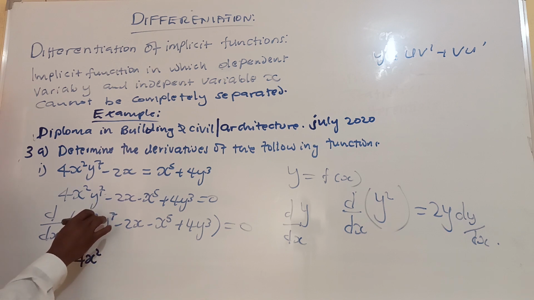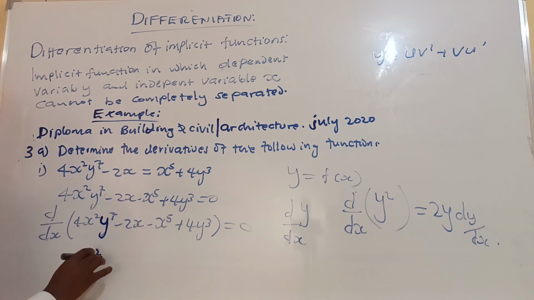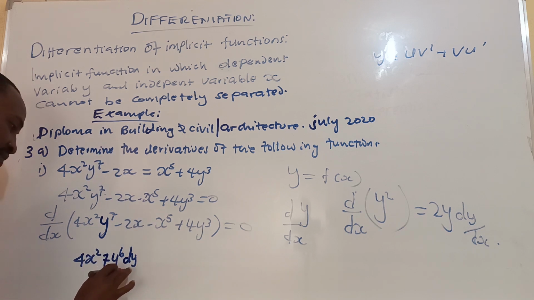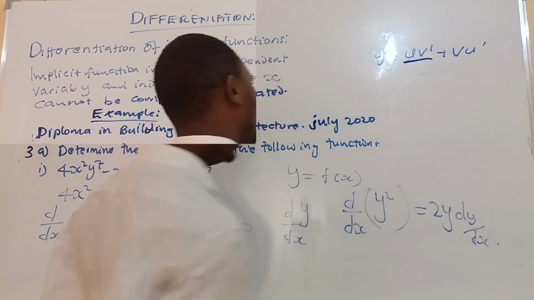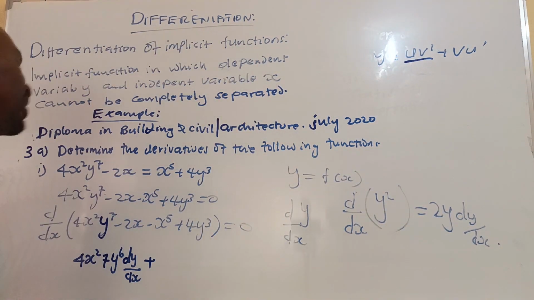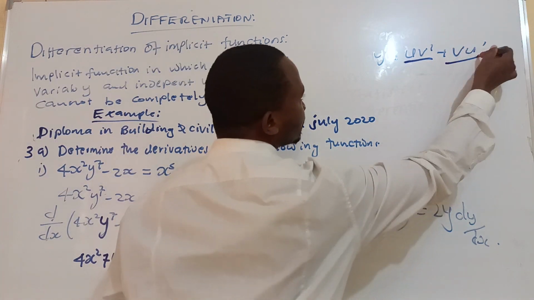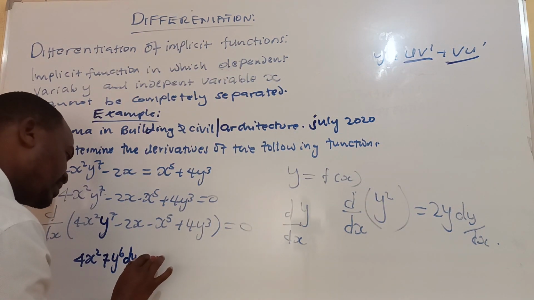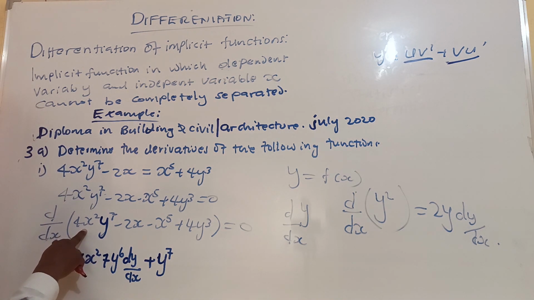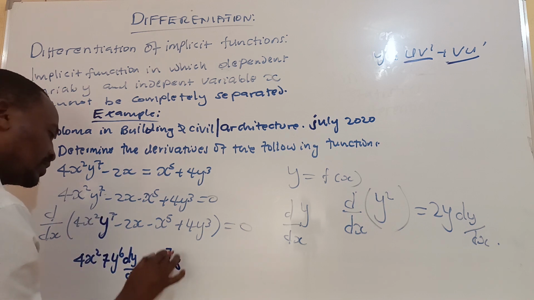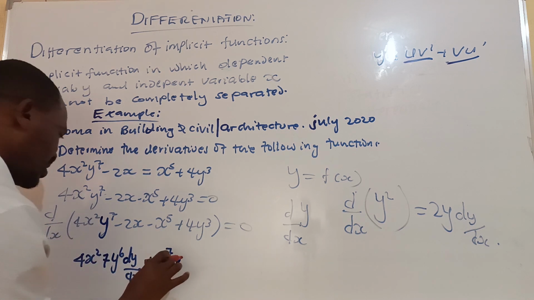If you differentiate y to power 7, it will be 7y to power 6, but because y is a function of x, we add a dy/dx. That part is u v prime. Now we write the other part, where y to power 7 is our v, then we differentiate 4x squared with respect to x. It will be 8x, since 2 times 4 is 8.